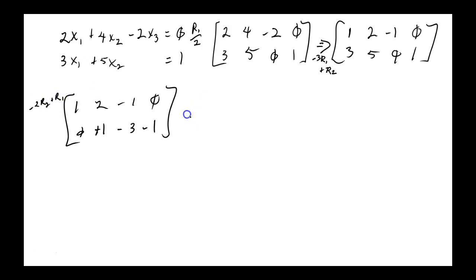All right. So we're going to leave the second row alone. 0, 1, minus 3, minus 1. And the top row becomes 1, 0. Is that minus 6 minus 1? No, that's positive 6. Subtract 1. So that would be a negative 7, wouldn't it? No. It would be 5, right?